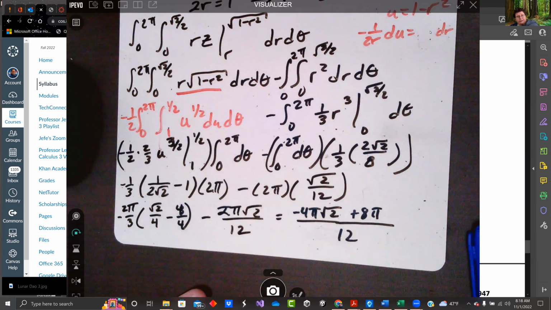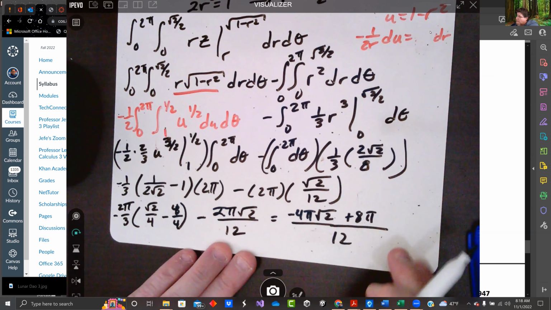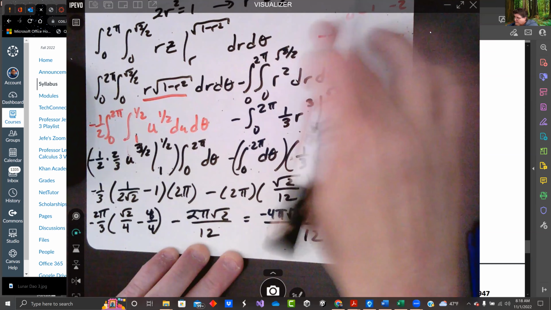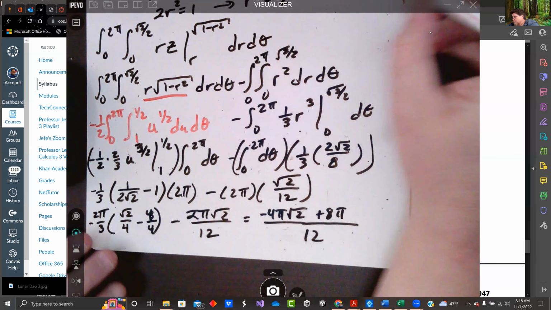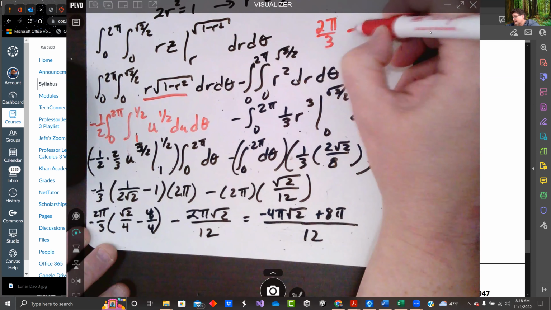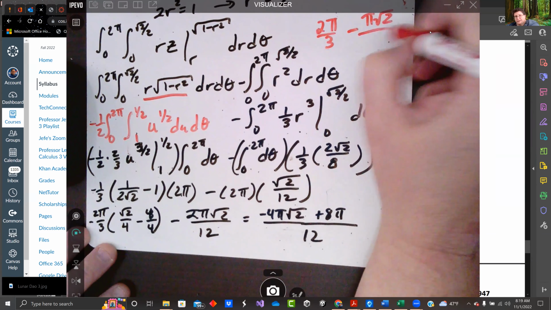We can simplify all that around. You just take the r out. So I'm going to write up here what we get. I'm getting 2 pi/3 minus pi√2/3. Is that what you guys are getting?